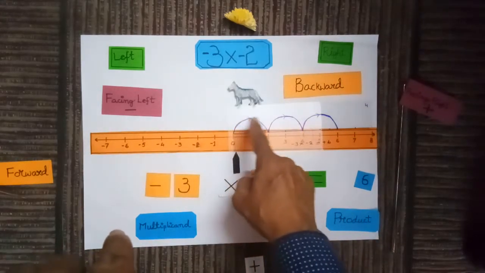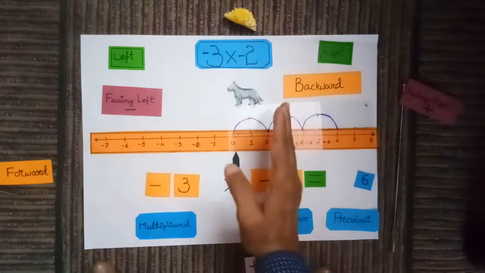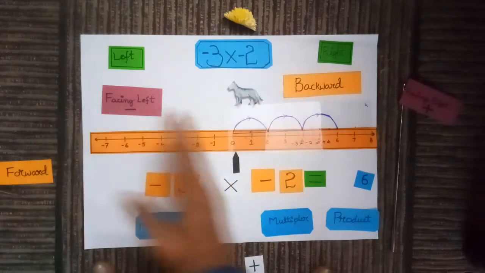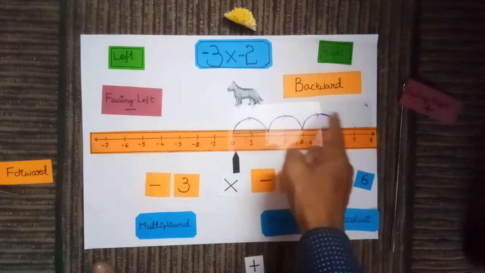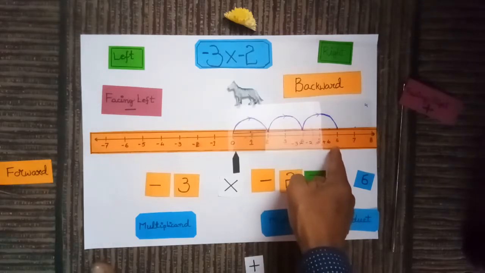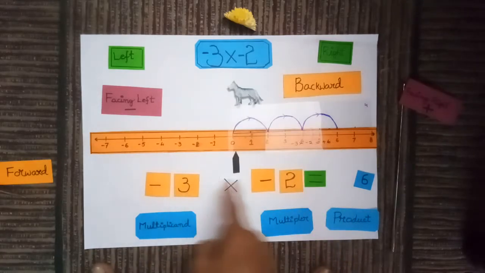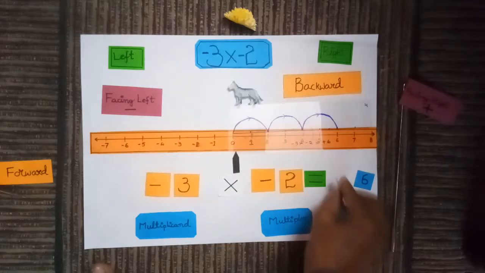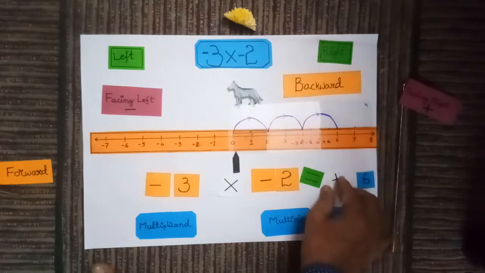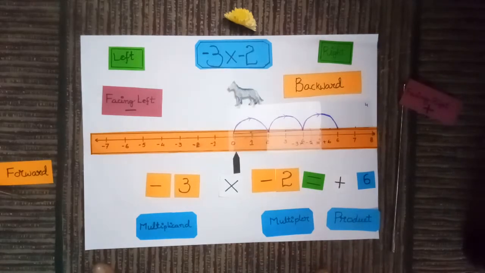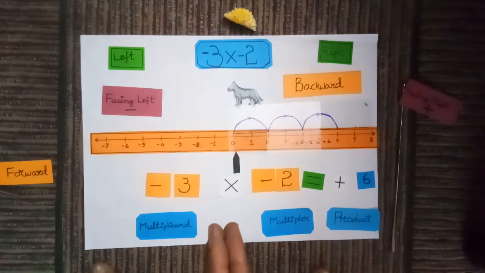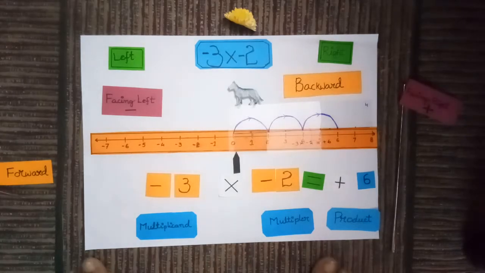Okay, see, it is making 3 jumps in the backward direction because it is facing left. The backward means this direction. So 1 jump, 2 jump, 3 jumps. So now it is at plus 6. Therefore minus 3 into minus 2 is always plus 6 only. So this is the kind of explanation we can think of for this negative quantity into another negative quantity.